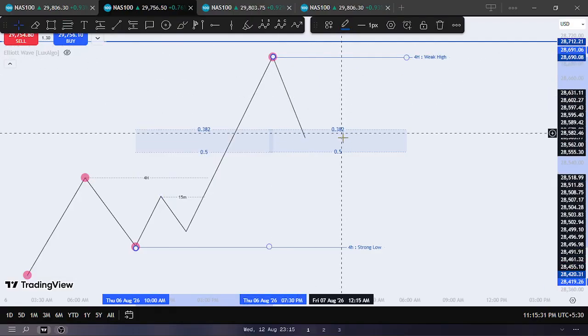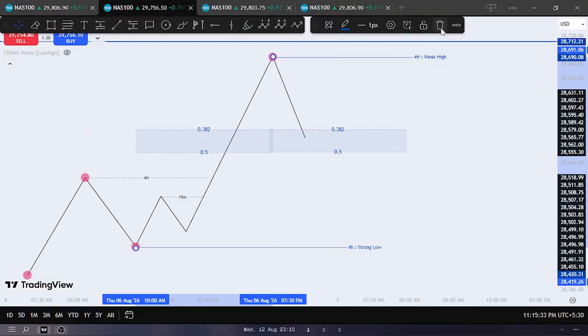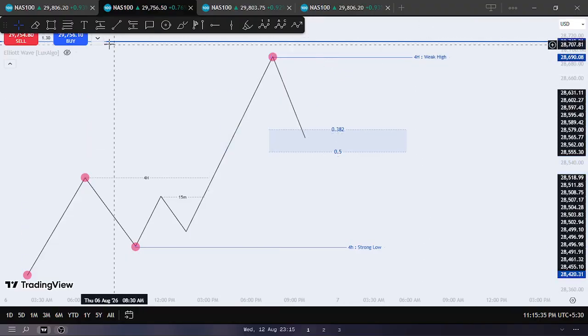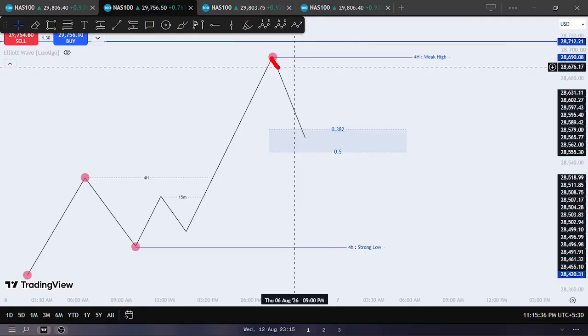Since I already have this marked up right here, I will delete the one that we drew, and just when we see a mitigation of our 0.382 level, I do not mind if it's a wick or closing, I just want to see a mitigation.